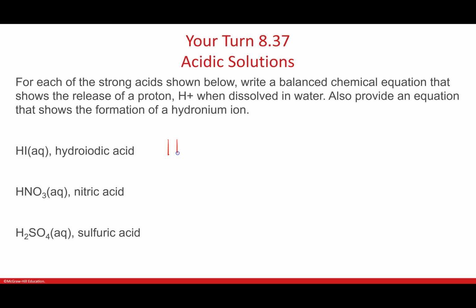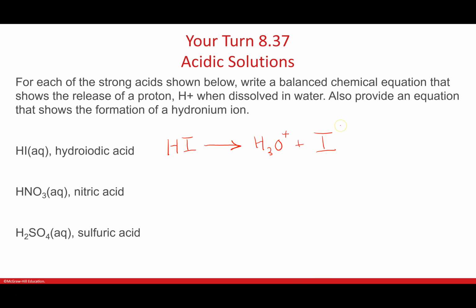Help me out, Autumn. If I put HI, so that's iodine, right? It's going to break apart to form what? H3O plus, positive, and then iodine.